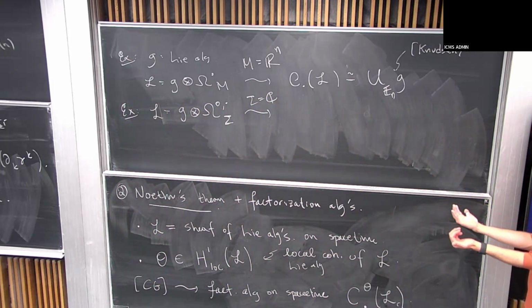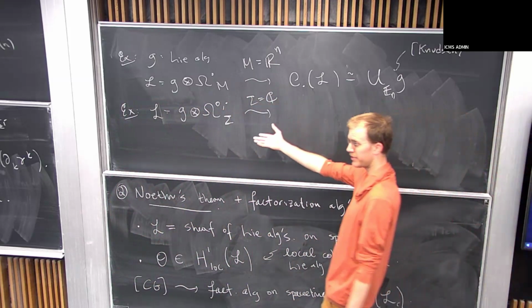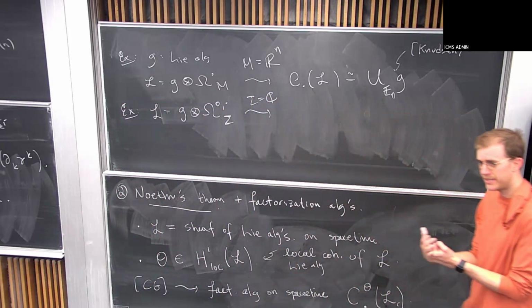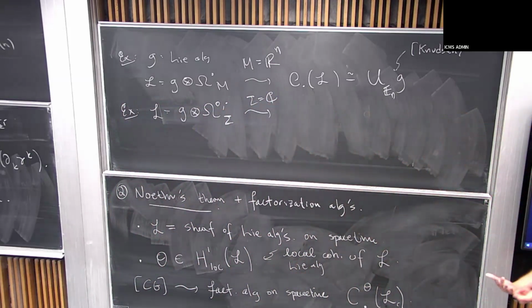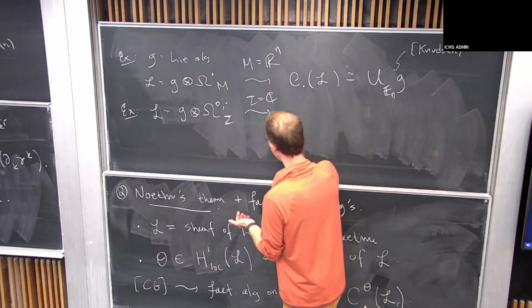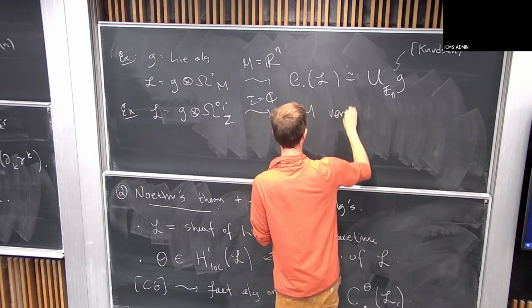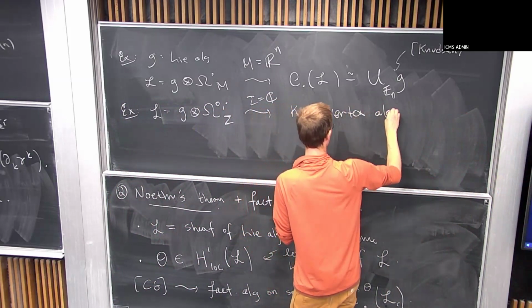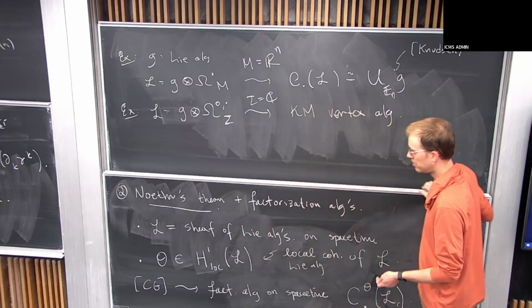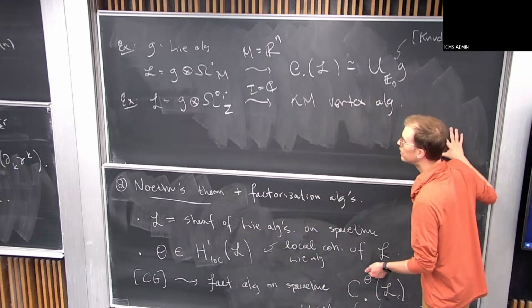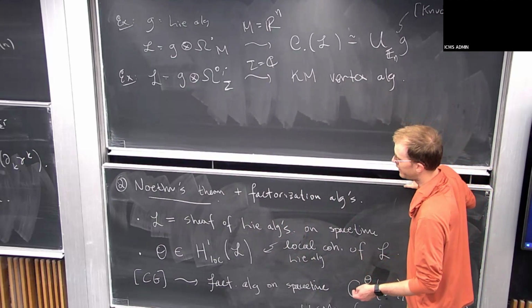It's in fact holomorphic. It only depends on the complex structure. And there's this nice correspondence between holomorphic factorization algebras and vertex algebras. The vertex algebra here is the Kac-Moody vertex algebra. So it's a pithy way to encode the Kac-Moody vertex algebra.